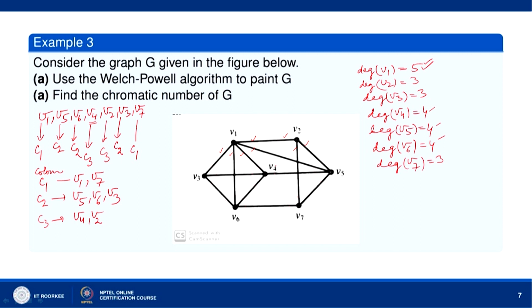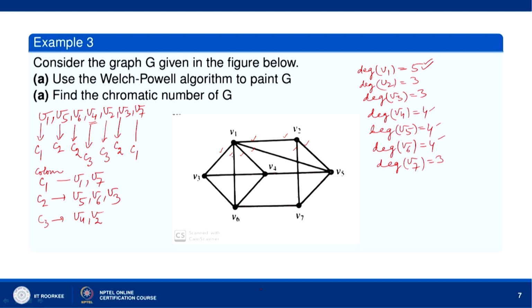Now, you see B1 is adjacent to B4, and B4 is adjacent to B6. So, B1, B4, B6 have to be painted with different colors, and therefore, 3 colors will be required to paint the vertices B1, B4 and B6.